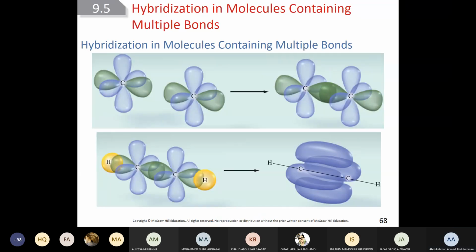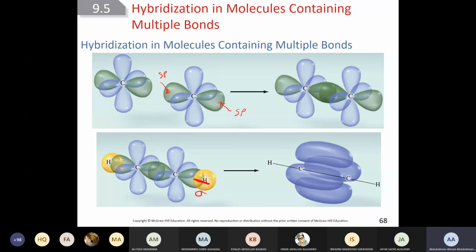Now, when they interact with each other, this is the carbon. This one is called sp, this one is called sp, and this one p orbital and p orbital. What will happen to this sp and this hydrogen? We're going to have sigma.